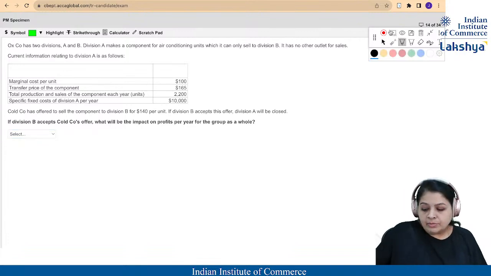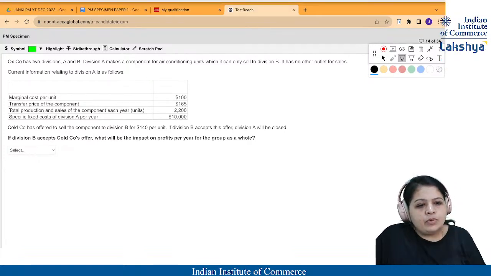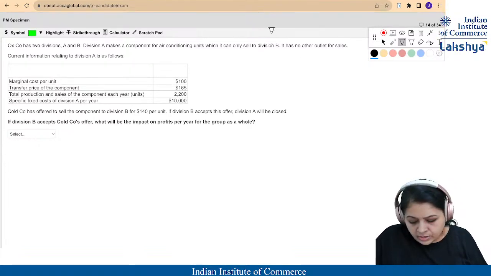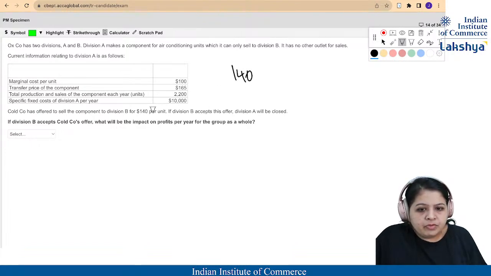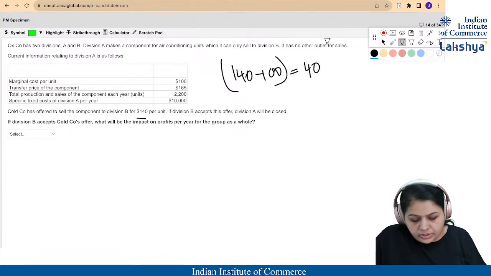Now, this is a transfer pricing question, something that we did yesterday. Because they don't have any outside sellers, it is just going to be 140, which is the selling price minus the marginal cost, because you have spare capacity or you don't have an external demand. So that comes to 40, and now you multiply that with the number of units.